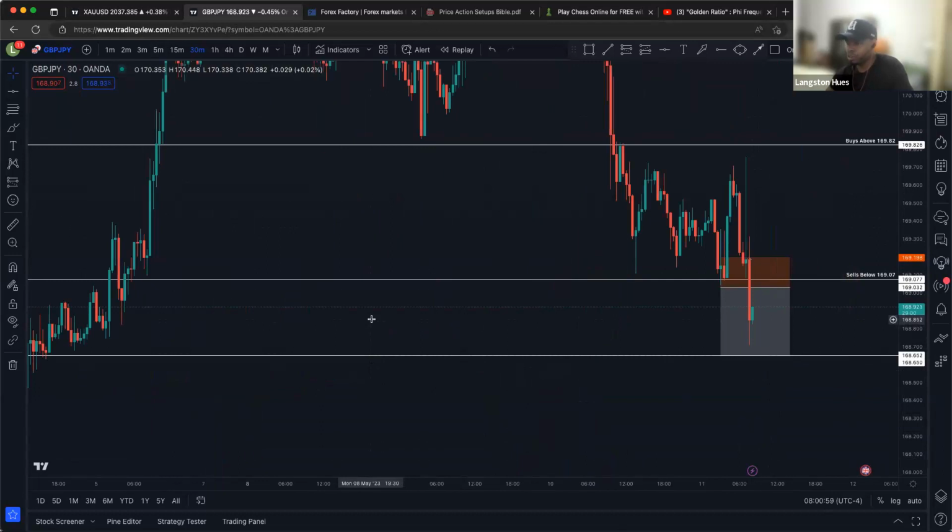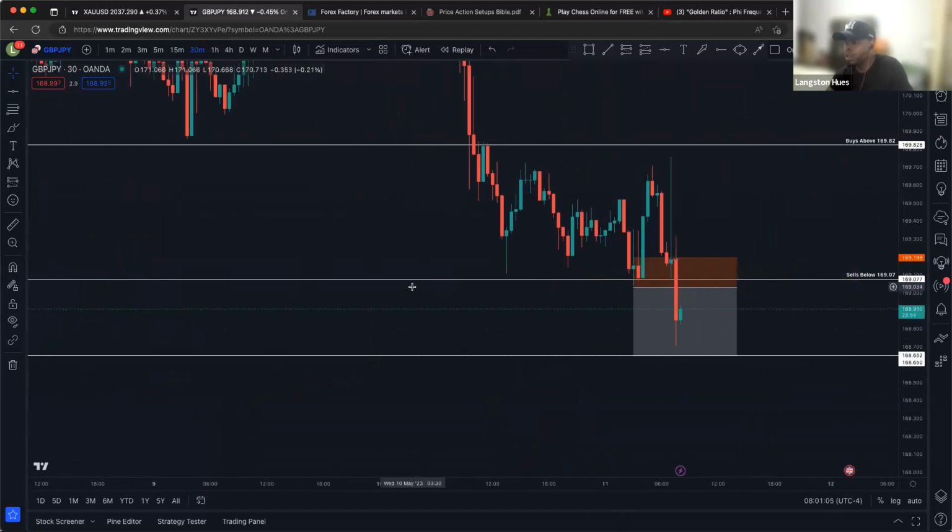What's going on here with British pound?